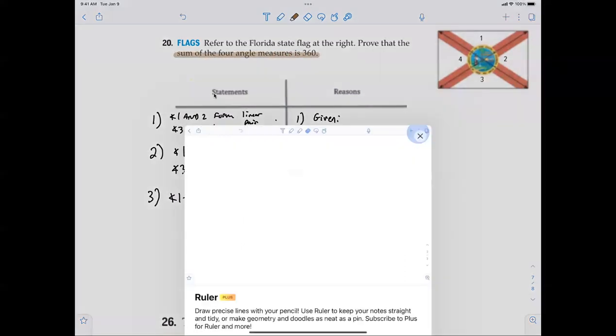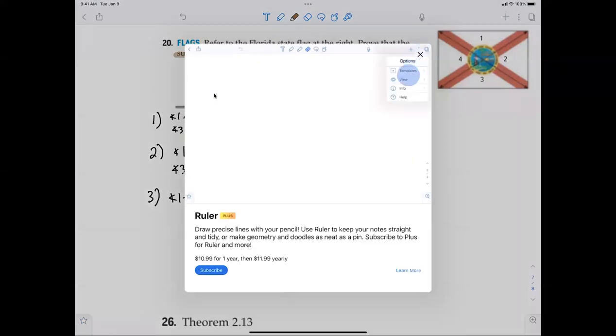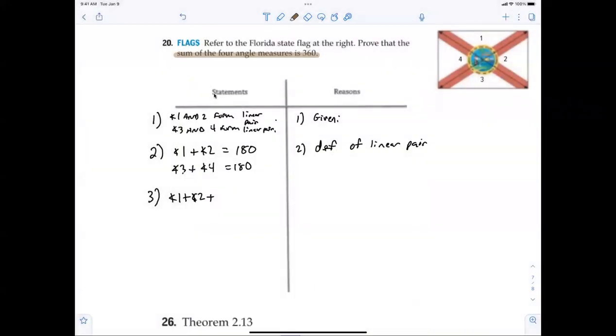Right. Equals angle 1 plus angle 2 plus angle 3 plus angle 4. Yes. There you have it. Easy as that. Addition property of equality.